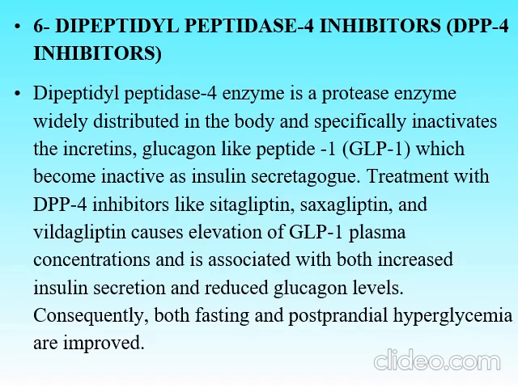Treatment with peptidase inhibitors like sitagliptin and vildagliptin causes elevation of glucagon-like peptide in plasma concentration and is associated with both increased insulin secretion and reduced glucose level. Consequently, both fasting and postprandial hyperglycemia are improved.